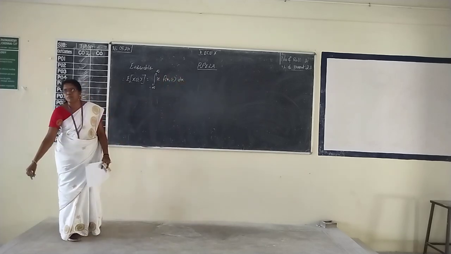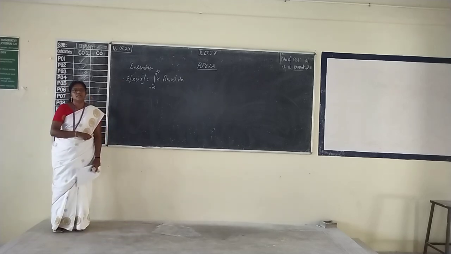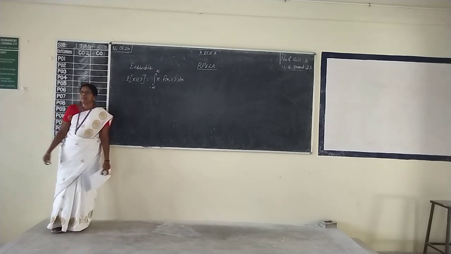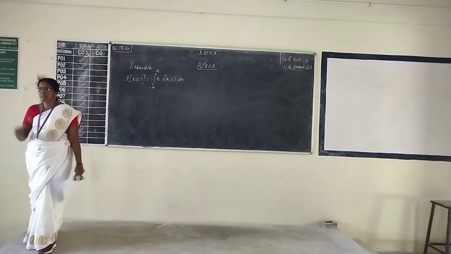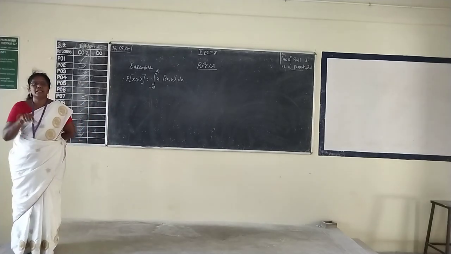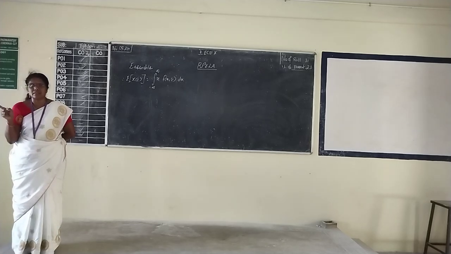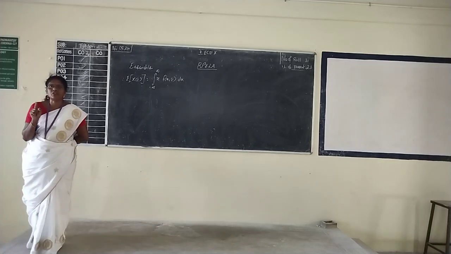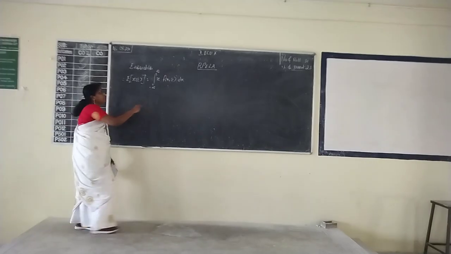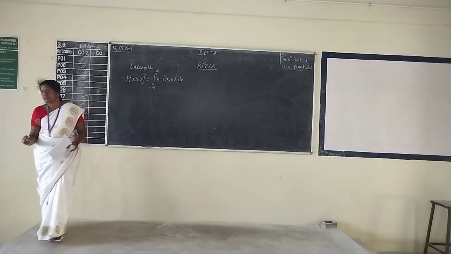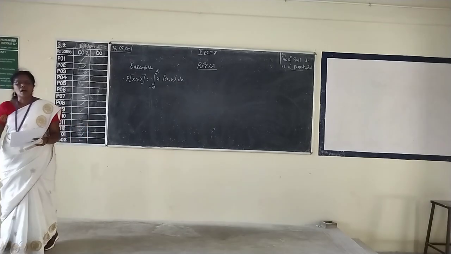The same mean formula. What is our mean formula for continuous? Integral of x into f of x into dx. But here it is going to be a function of t also, so we write the function as f of x comma t into dx. That is the difference.